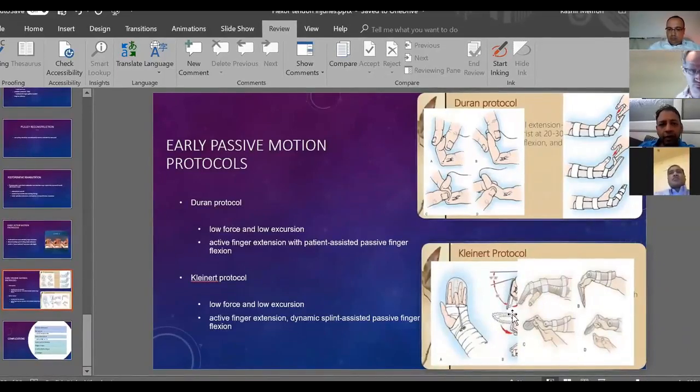The Duran protocol is a low force and low excursion protocol, in which the patient does active finger extension with patient-assisted passive finger flexion. While in the Kleinert protocol, it's again low force and low excursion, but in this technique, the patient actively extends the fingers, with dynamic splint assisted passive finger flexion. So the patient is in a dynamic splint.